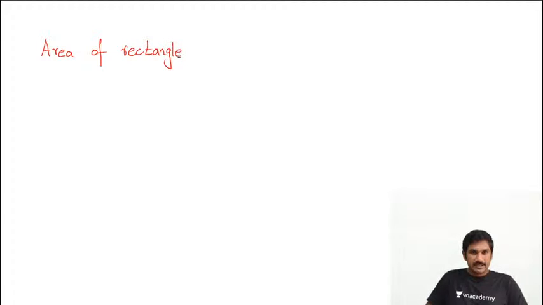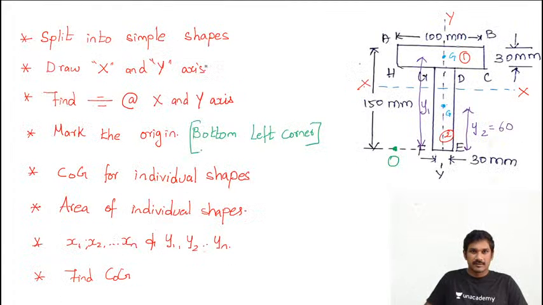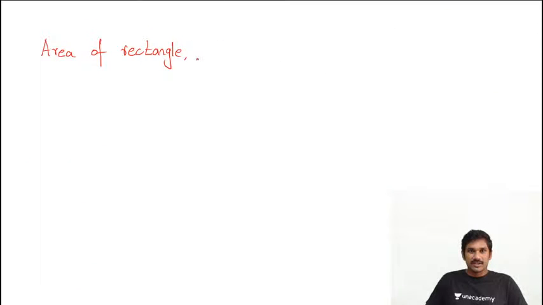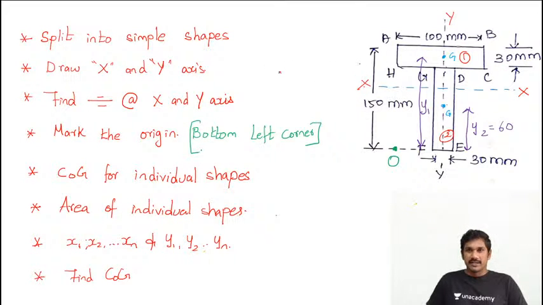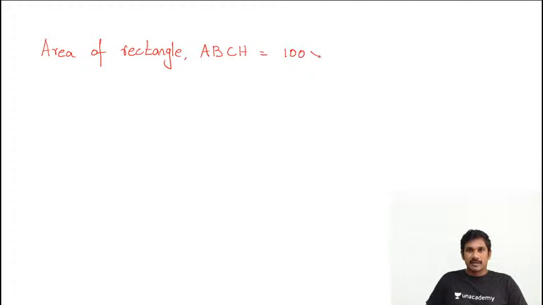Area of rectangle ABCH is equal to 100 into 30. So 100 into 30 is equal to 3000 mm square. Let's mention it as A1.